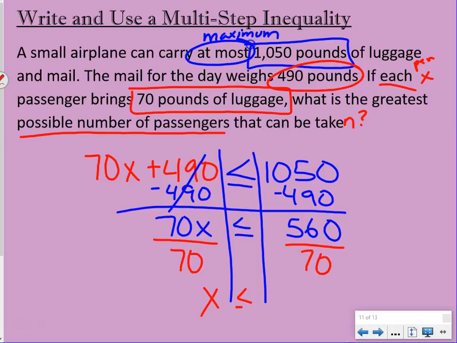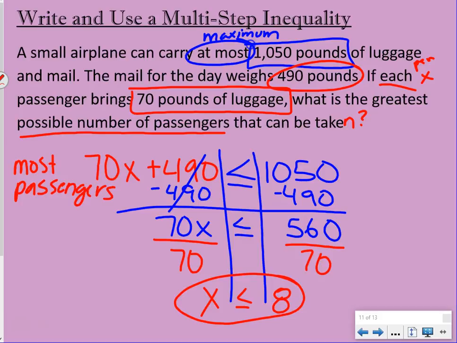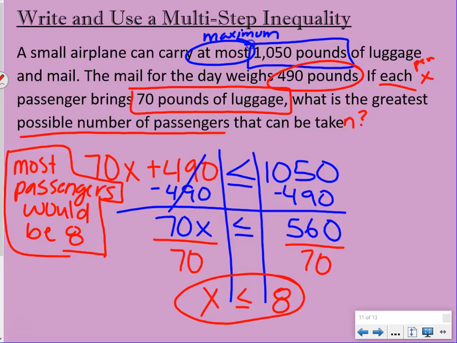And then we get x is less than or equal to 8. Relate it back to the question, what is the greatest possible number of passengers that can be taken? The most passengers would be 8. We can't take any more than 8. We could take less than 8, but the maximum number of passengers is 8.